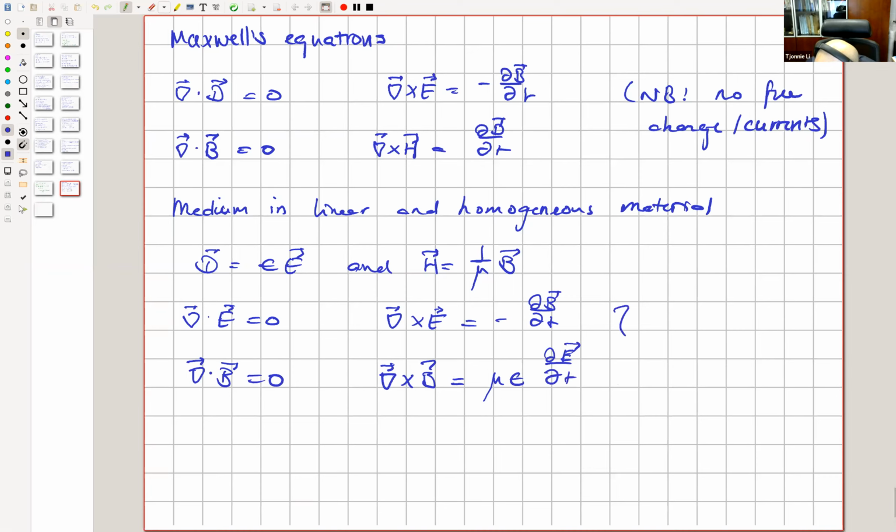In particular, what do we have? It's simply the replacement of mu naught going to mu, and epsilon naught going to epsilon. This is something that we've seen before in the past when we discussed materials. And so, especially when we talk about a medium that is linear and homogeneous, we end up with a system where everything's the same except for this contribution here.